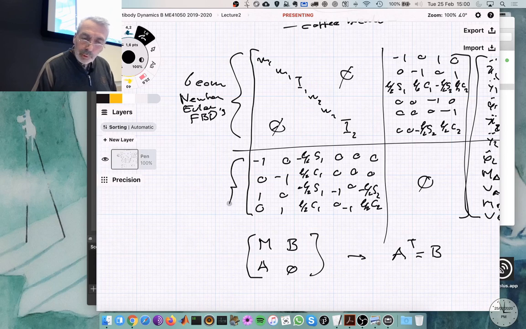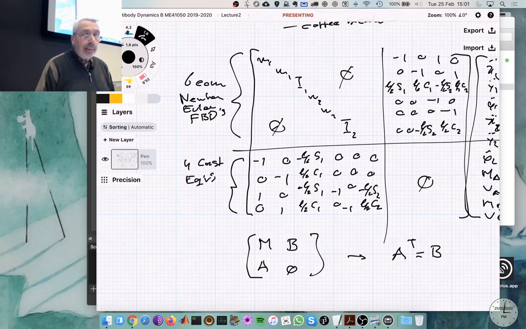Now these 4 equations, these are the constraint equations. And these entries came from differentiating them twice. On the right hand side we also have terms, but this Jacobian type of thing came from the differentiation of those constraint equations.